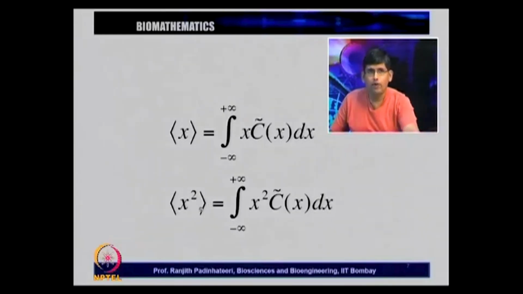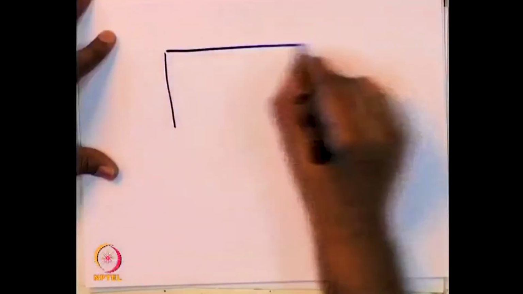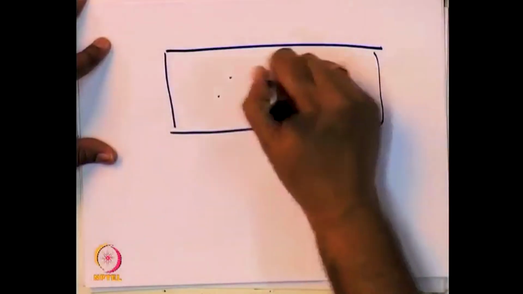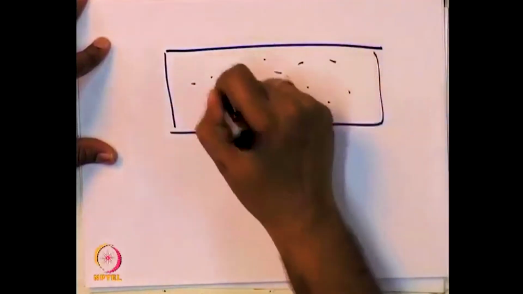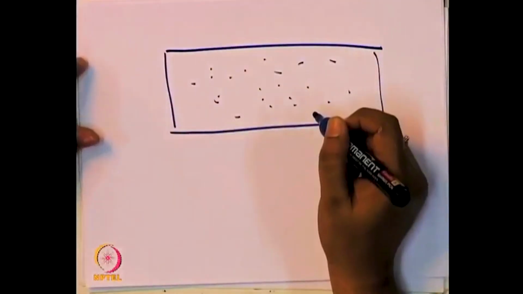Typically, you might have heard of RMS velocity, root mean square velocity. What is root mean square velocity? Think about gas in a box, and these gas molecules were freely moving in all directions.